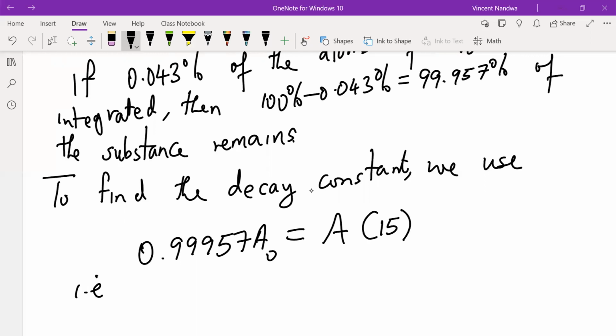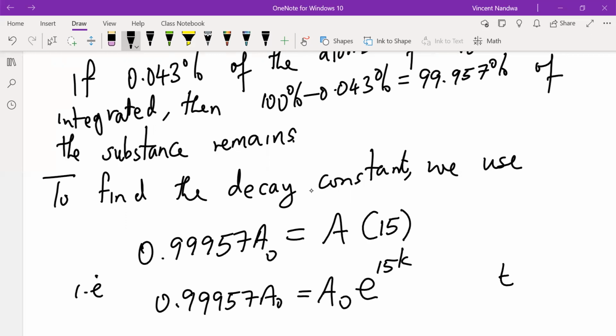Which means 0.99957 A0 is the same as A0 e raised power 15k, because now time here is 15.